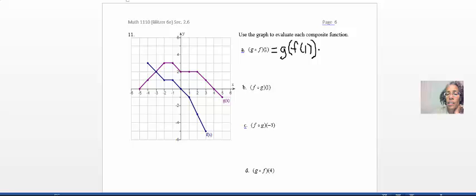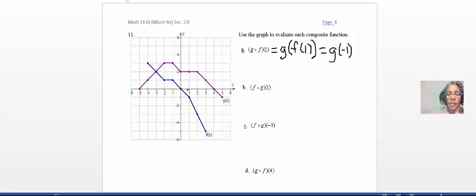So this is really g of negative 1. f of 1 is the y value of the point on f that has an x coordinate of 1. And that's this point right here, (1, negative 1). So this is really g of negative 1.